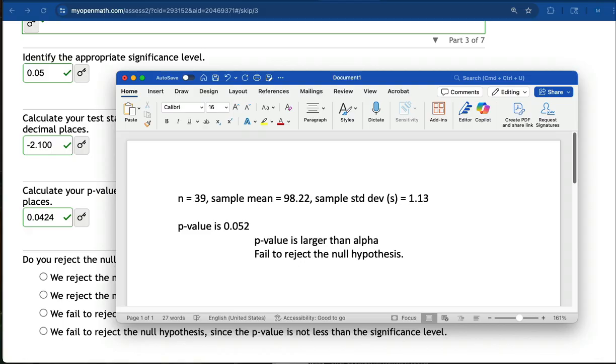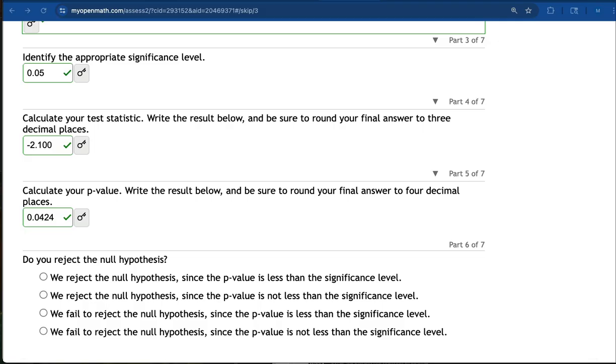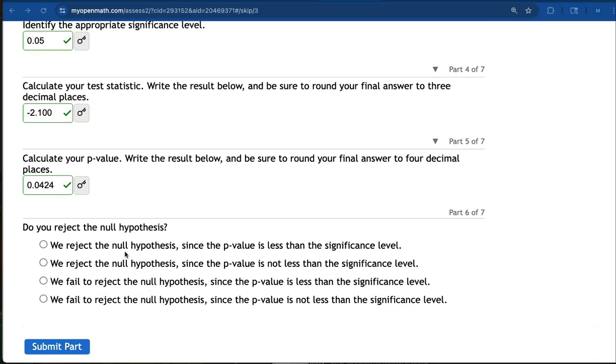But that is not what we have here. We have a p-value of 0.0424, which is in fact less than alpha. So since the p-value is less than alpha, we are going to reject the null hypothesis. So we reject the null hypothesis since the p-value is less than the significance level.